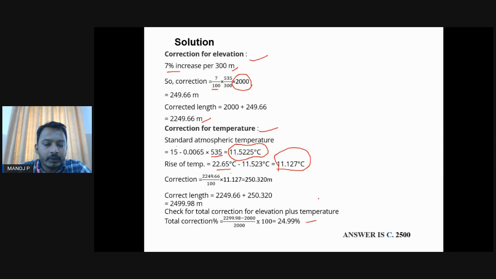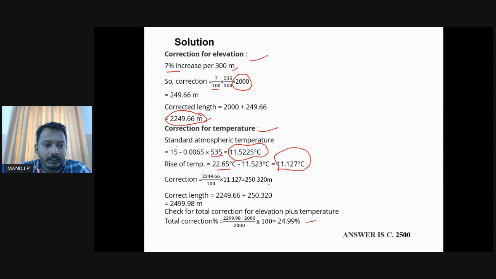For every 1 degree rise, you are supposed to increase by 1 percentage. So 1 percentage is 1 divided by 100 multiplied by this rise in temperature 11.127, multiplied by the corrected length you got from the elevation part.